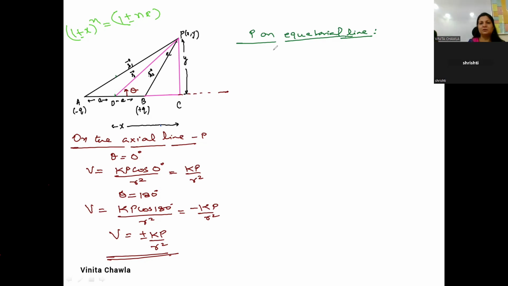Therefore, electric potential is Kp cos 90 degree by r square. Cos 90 degree is 0, so electric potential is 0 on equatorial line.